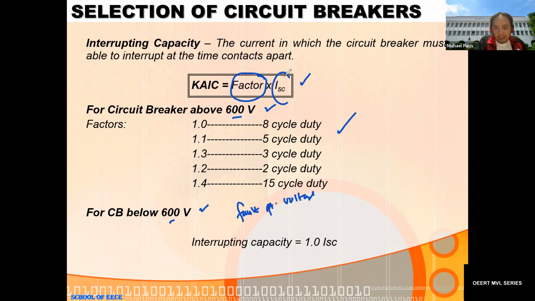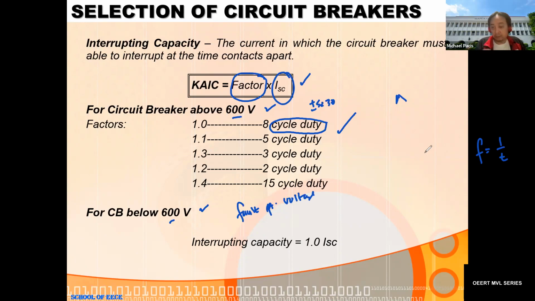Yung ISC natin, ito yung kinuwa natin, ISC 3-phase. Yung cycle duty, ito yung tinatawag nating CD, walang pinagkaiba yan sa frequency. The lower the frequency, the larger the time; the higher the frequency, the lower the time.